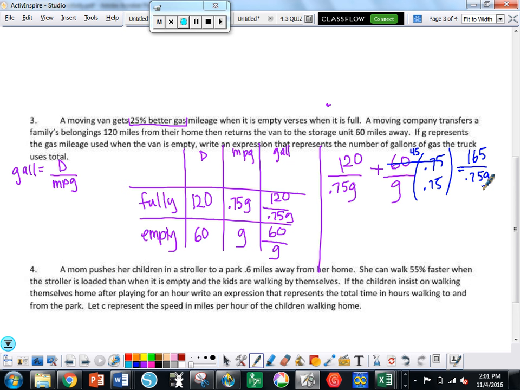It does. I did 165 divided by 0.75 on my calculator, you can't see it, and I got 220. So it's going to be 220 over G.